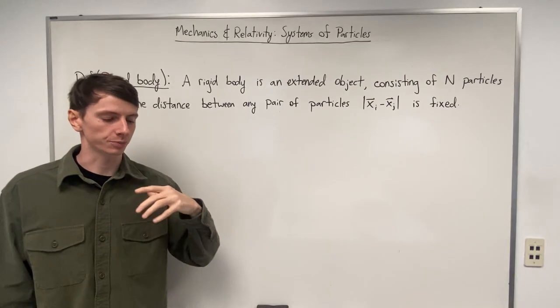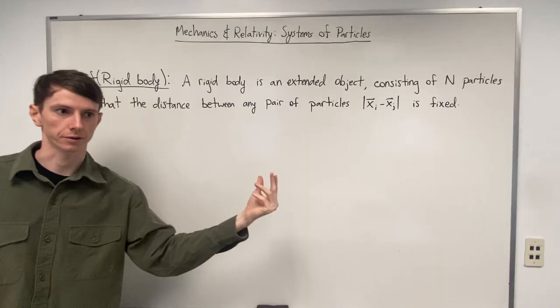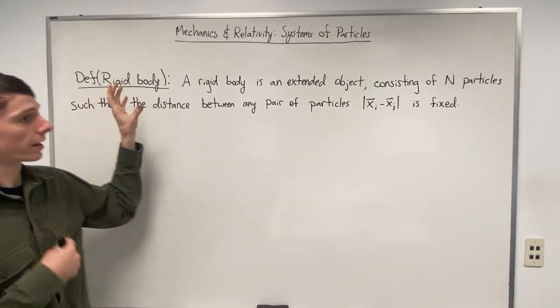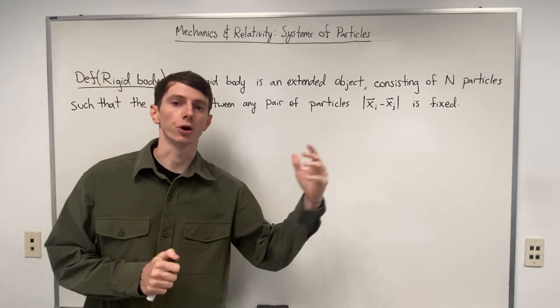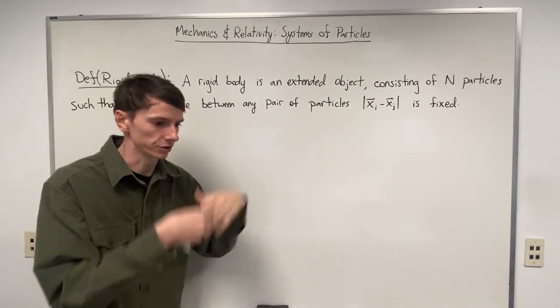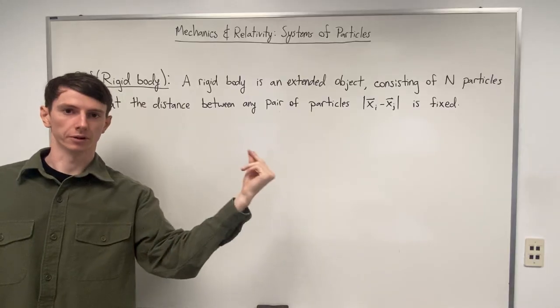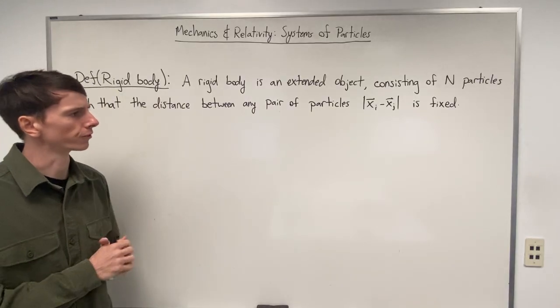You cannot just specify a rigid body entirely by one position vector. A rigid body is going to consist of n different particles. Each of those particles are going to have their own position vector associated with them. So it extends beyond just the point particle like structure that we've been defining for objects so far.